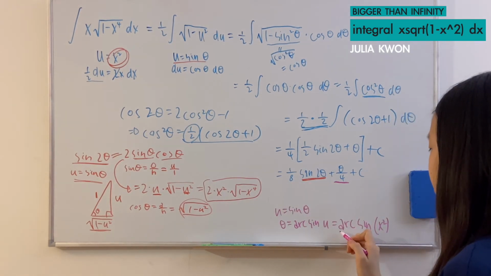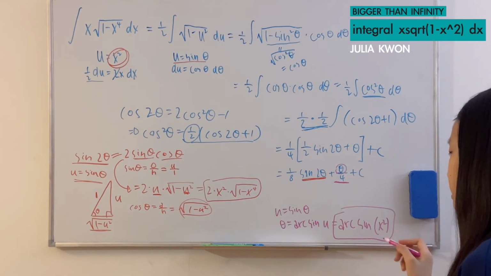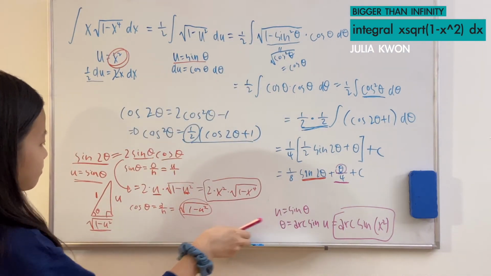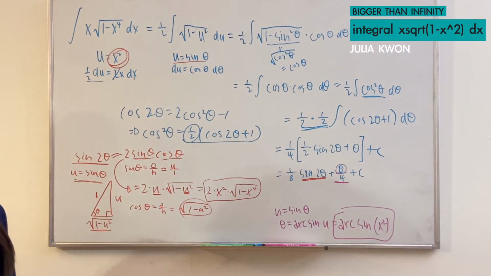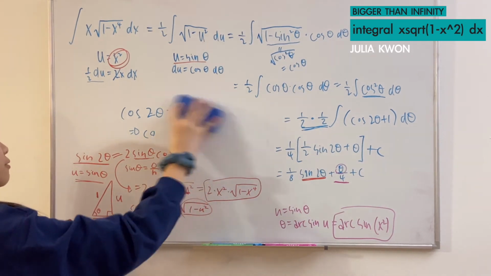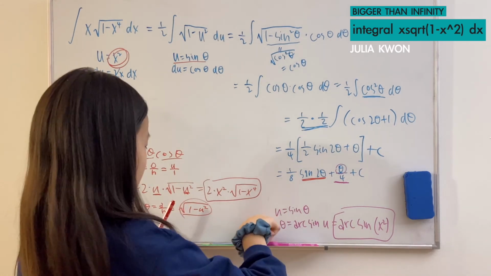So we can replace the theta here with arcsine of x squared. I'm going to erase here since we don't have enough space to write our final answer.